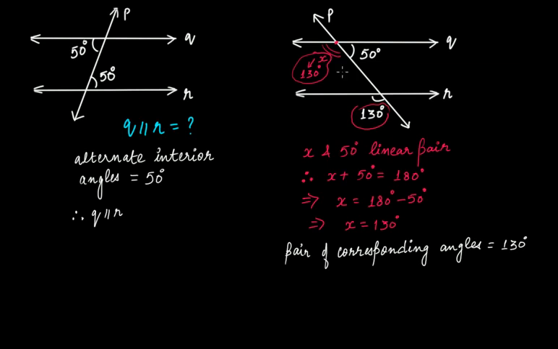That is, this pair of corresponding angles is of equal measure. Therefore, lines Q and R are parallel. Had it been the case that these two angles were not equal, even if it were 129 degrees, we would not say that these two lines Q and R are parallel.